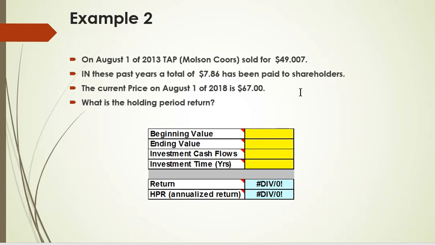Well, the beginning value is obviously 49.07. The ending value is 67.00. And the total cash flow is 7.86. What is the time of the investment? Well, you just take the year, 2018, and subtract the beginning year, 2013. So in this case, it took 5 years for this growth to happen.